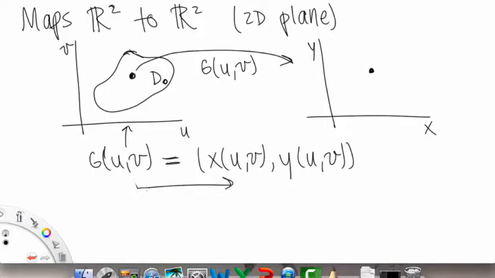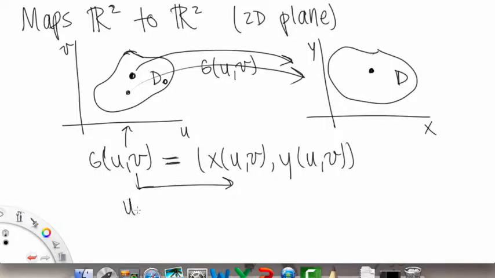This is called a change of variables. When you take a collection of points and transfer them over here, you're going to get some other kind of domain. This is going to be our normal D, no subscript. So again, just to clarify, this change of variables is from uv into xy.